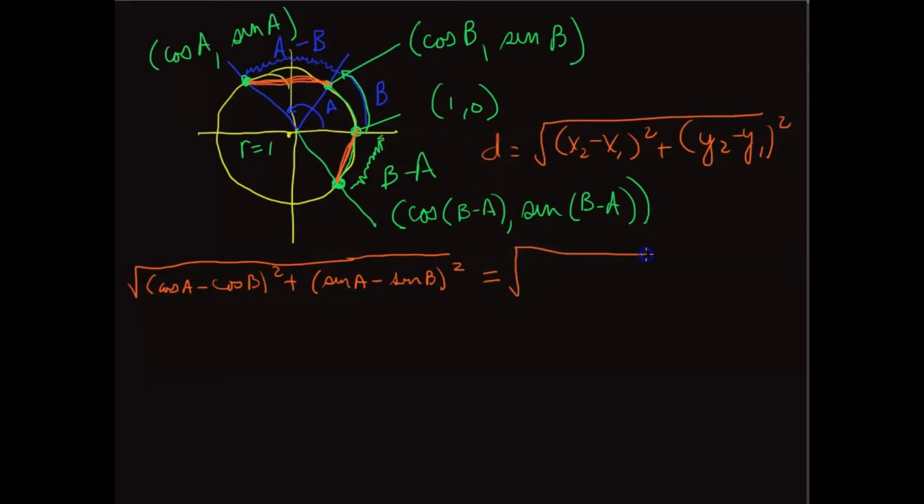Square root of the cosine of b minus a minus 1 squared, because that's the x, and the sine of b minus a minus 0, so we won't worry about that, squared. So those two distances are the same. And this is how we're going to include this difference angle.